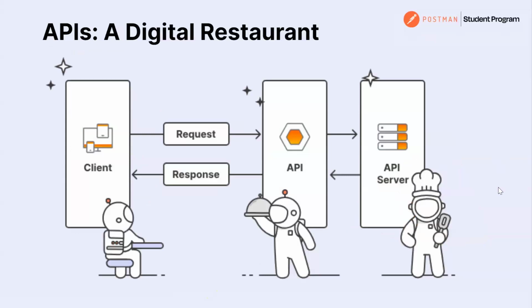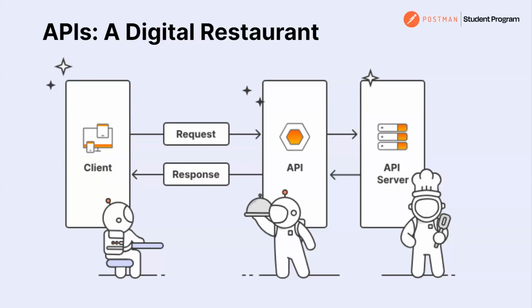So we will be understanding what an API is using the example of a digital restaurant. All of you must have visited a restaurant, so we can think of an API as a waiter at a restaurant. Imagine you go to your favorite restaurant and you want to order.